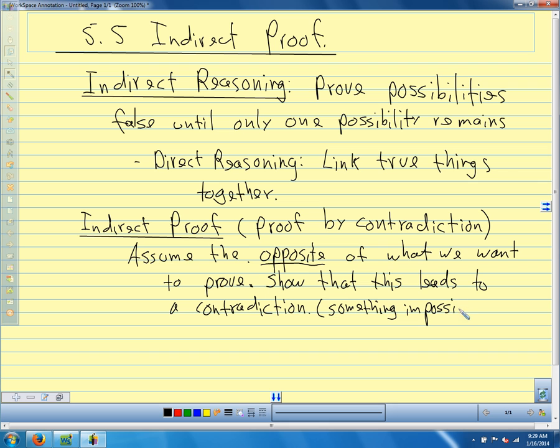Well, if what we assumed leads to something impossible, then the original has to be true. So we assume the opposite. That opposite thing leads to a contradiction, something that's impossible. So the opposite thing can't be right.